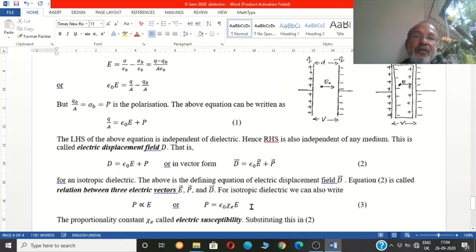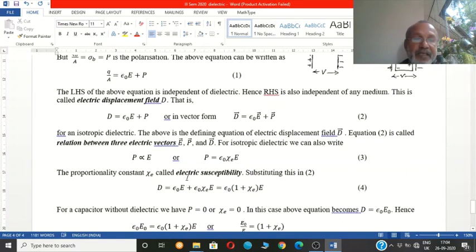For isotropic substances, there is another relation. It is found that this induced dipole moment is proportional to the intensity of electric field inside the dielectric. That is because for polar molecules, the larger the intensity, the larger the alignment. So P will be more when E is more.